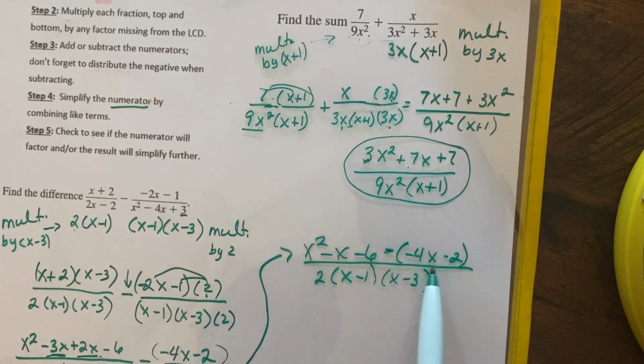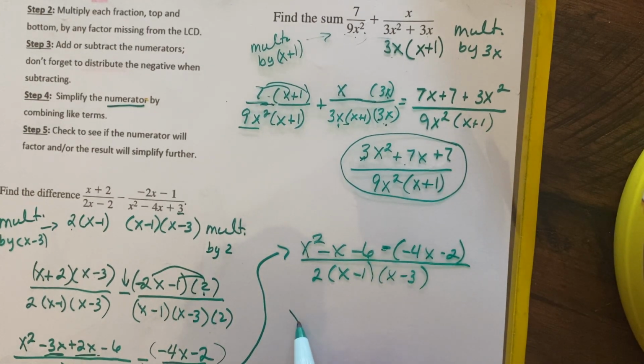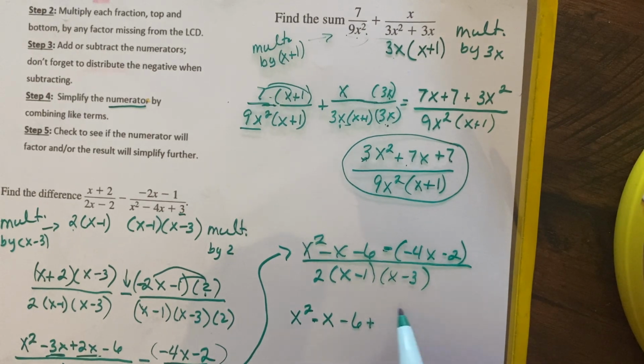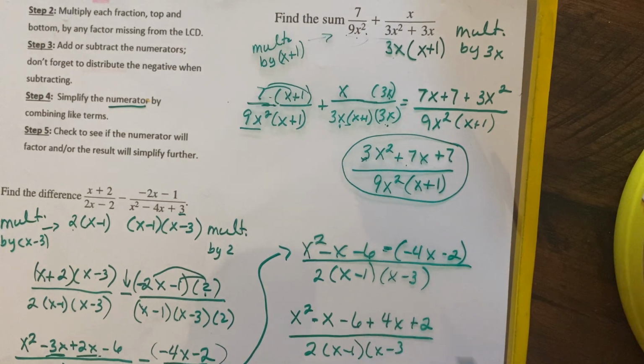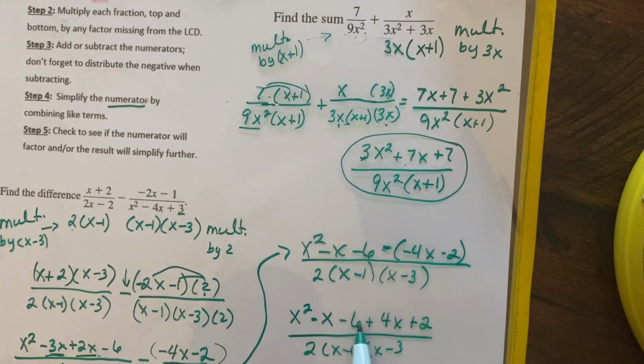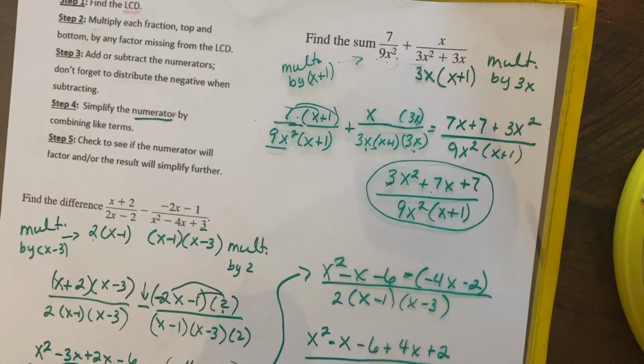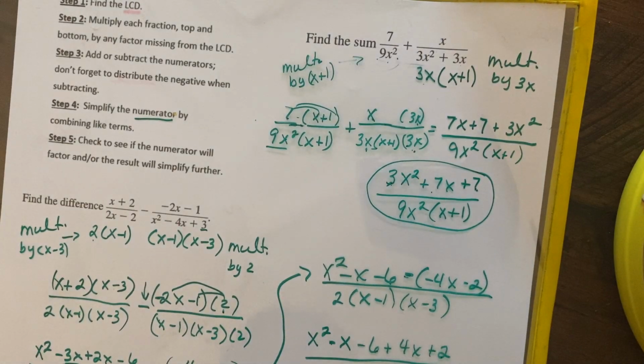And then I'm going to just keep simplifying in my numerator here. So I'm just going to distribute and then combine like terms. That's going to become a positive 4x and a positive 2. All right, so I have some common factors I can put together.